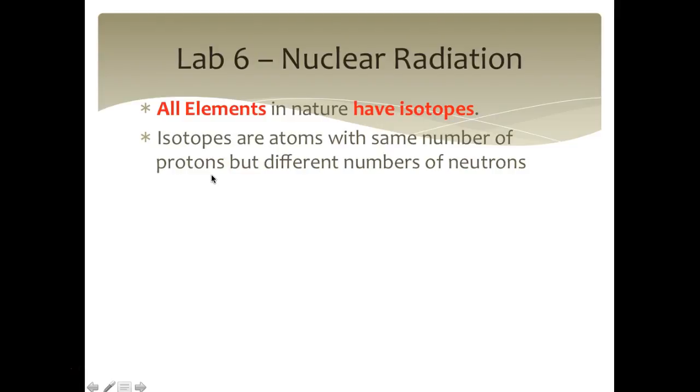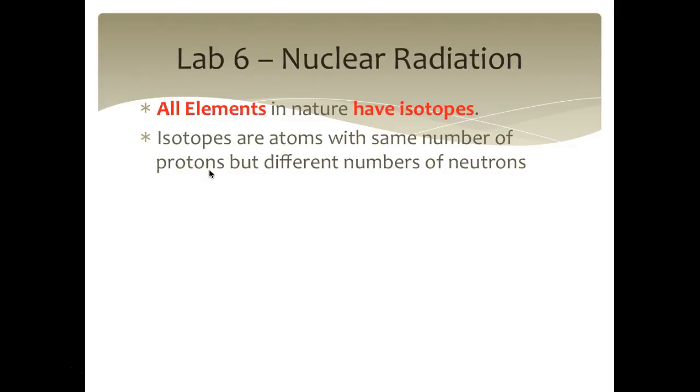So hydrogen, for example, has one proton, which is why it's hydrogen. Now, there are hydrogens with different numbers of neutrons. So, for example, the commonly occurring hydrogen atom has one proton but no neutron.